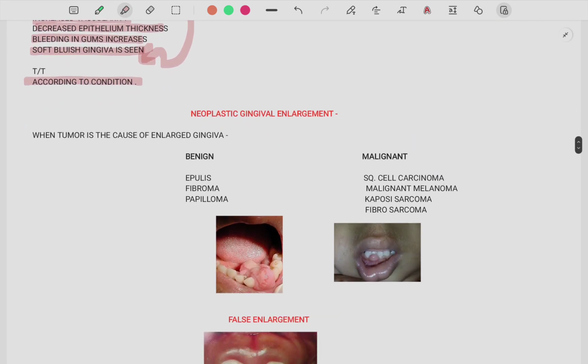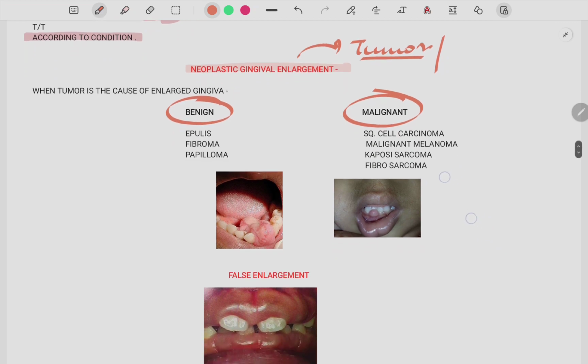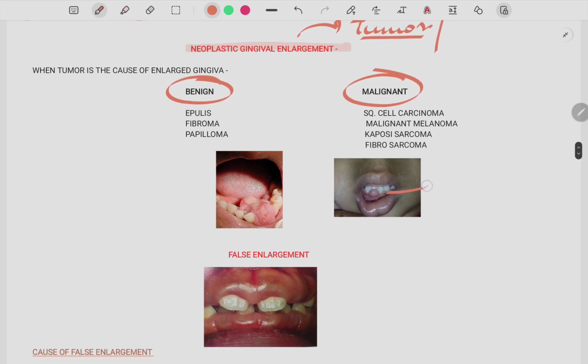Next, what you see is neoplastic gingival enlargement. In neoplastic gingival enlargement, this is mainly related to some kind of tumor in the body. So if there is some systemic illness like a tumor or certain cancerous condition, then this enlargement can be seen. Now this can be because of both benign or malignant cases. Like the benign cases here could be epulis, as you can see in the picture.